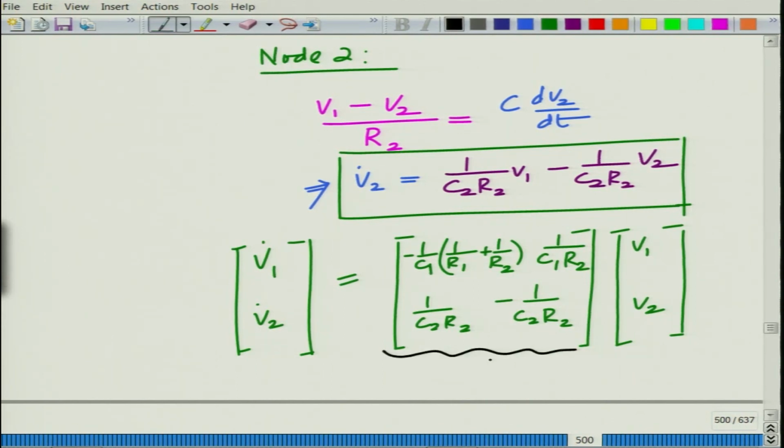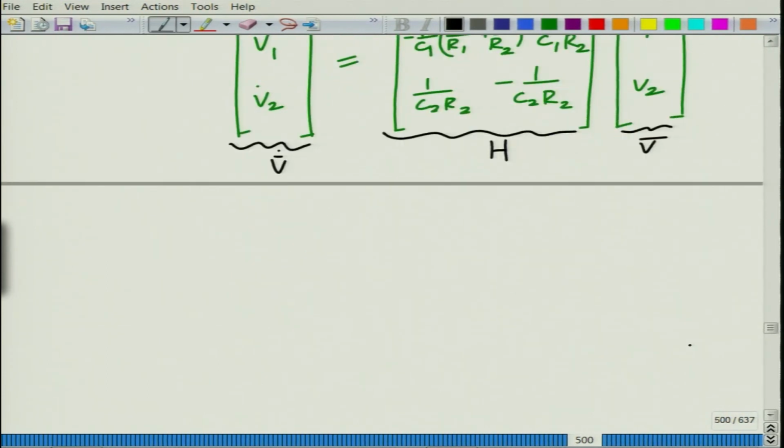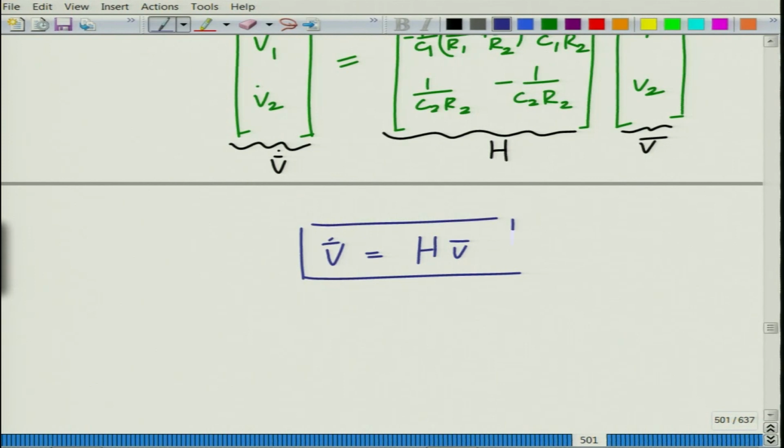This is essentially your matrix H, this is your V bar dot, and this is your V bar. So you have V bar dot equals H V bar.